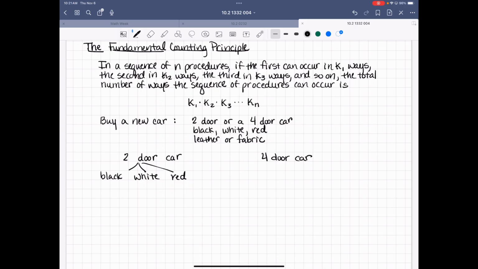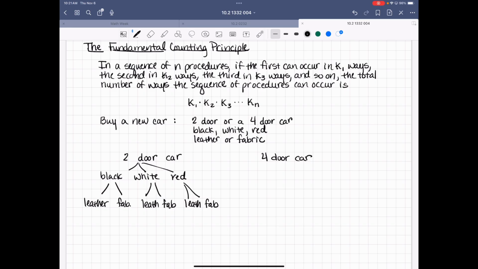And then each one of those black 2-door cars, there's one that has leather, and there's one that has fabric. Same for the white. There's one with leather, there's one with fabric. Same for the red. There's one with leather, there's one with fabric.